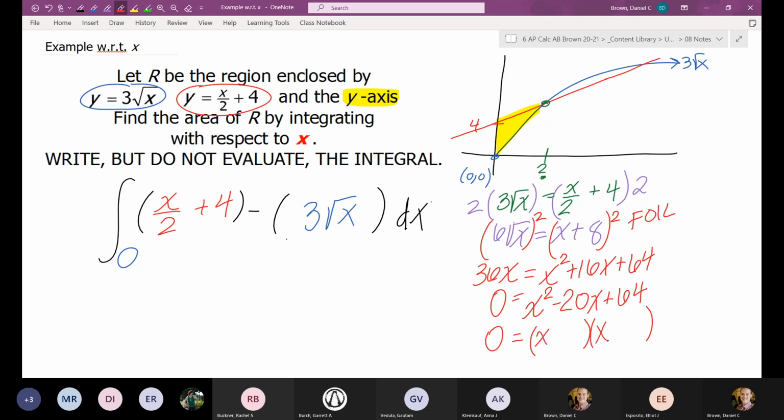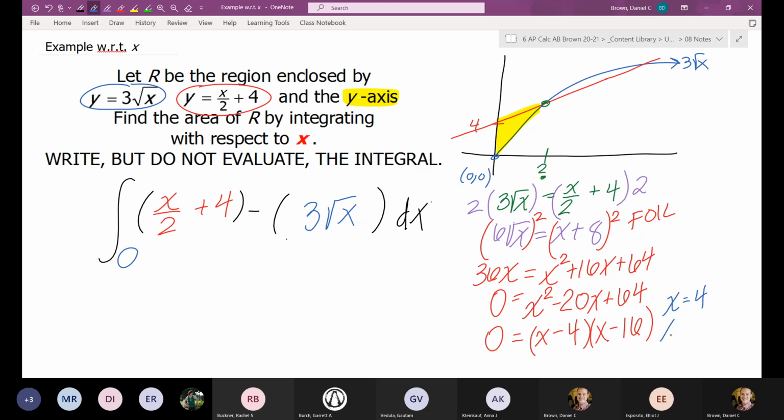Two numbers that would multiply to give you 64, but add to give you negative 20. Negative something and negative something. Two negatives. 4 and 16, correct. What does that mean? That does mean that x is equal to 4 and 16.